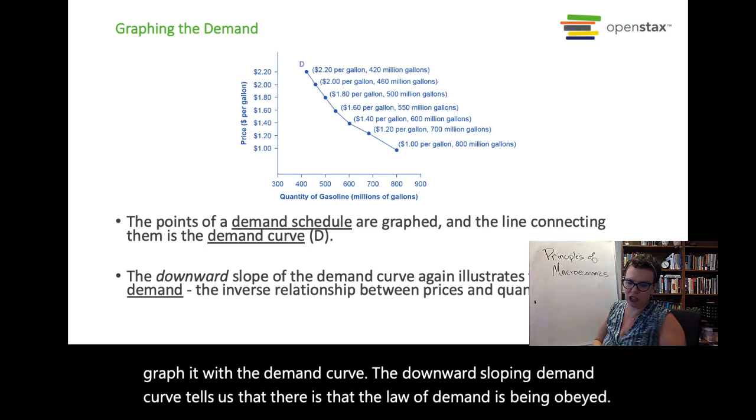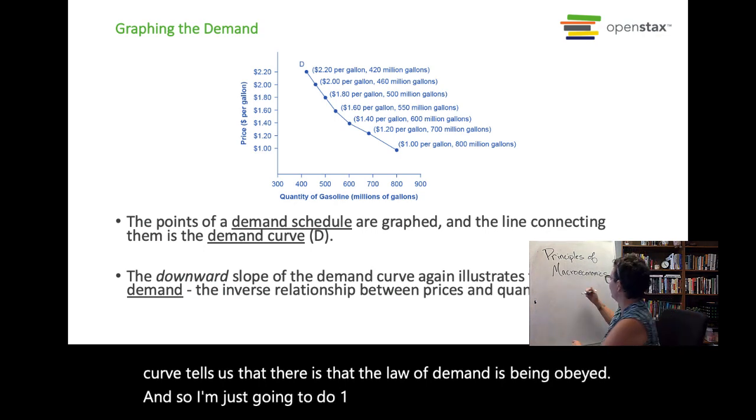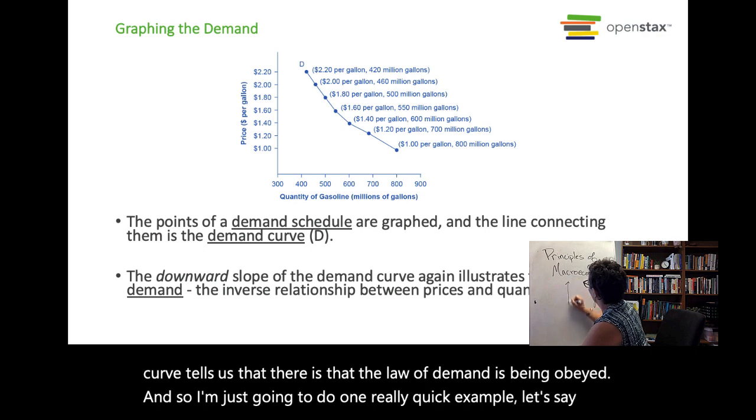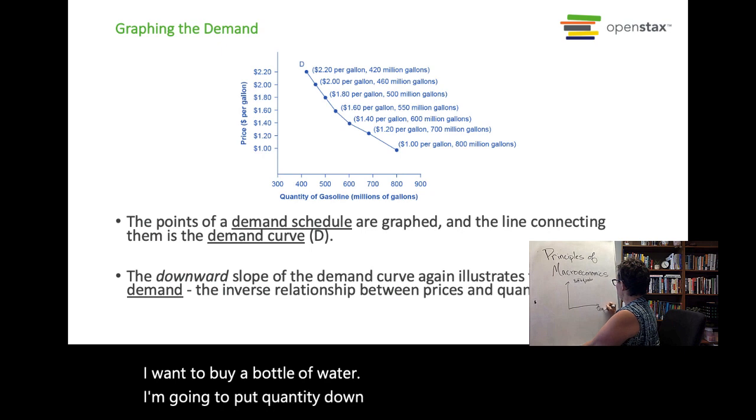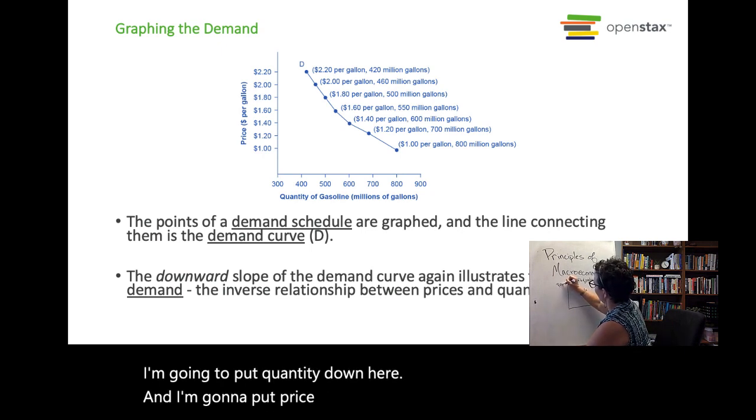I'm just going to do one really quick example. Let's say I want to buy a bottle of water. I'm going to put quantity down here and price up here.